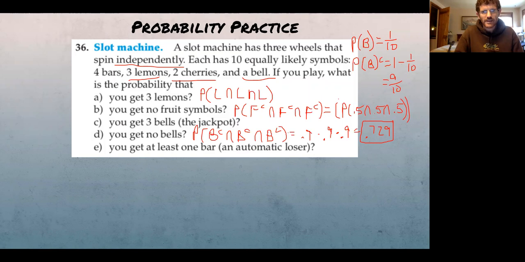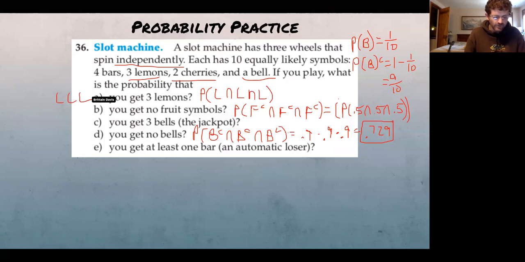All right, so again, those first four, fairly straightforward. And this is the other really kind of confusing type at the end. So let's think through these first four scenarios. 3 lemons, there's only one case where we get 3 lemons, and that's if we get lemon, lemon, lemon.